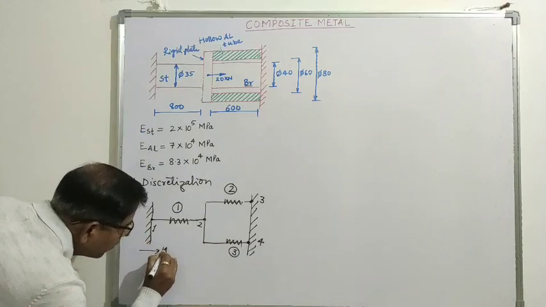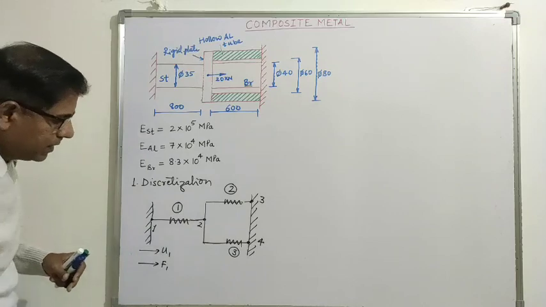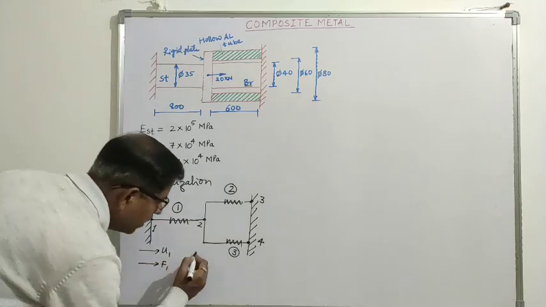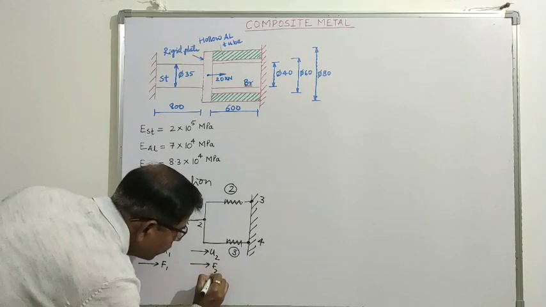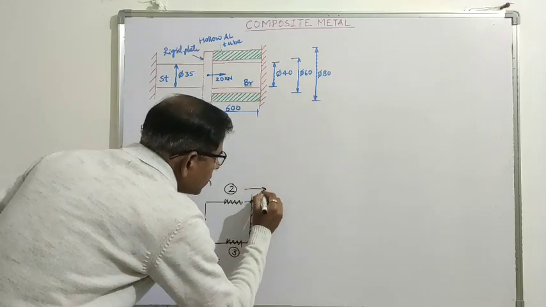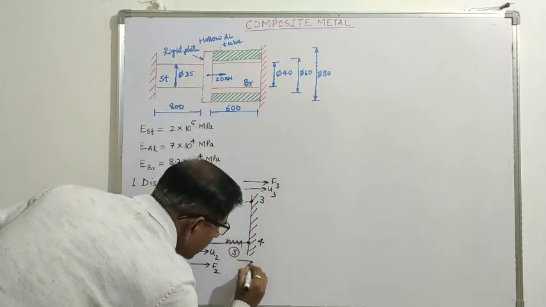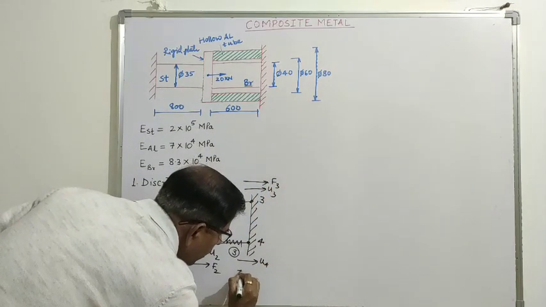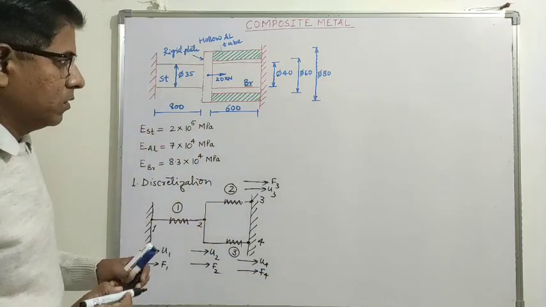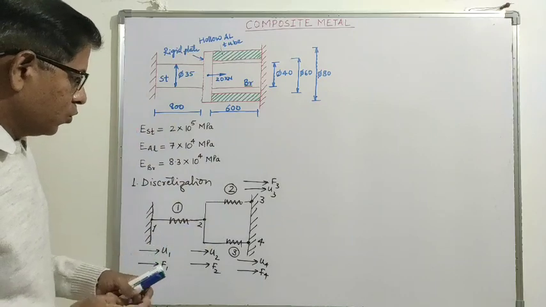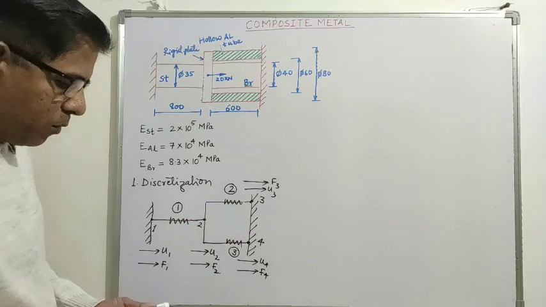U1, F1 are the displacement and force at node 1. This is U2, F2, this is U3, F3, and U4, F4. So this is the discretization of this problem.